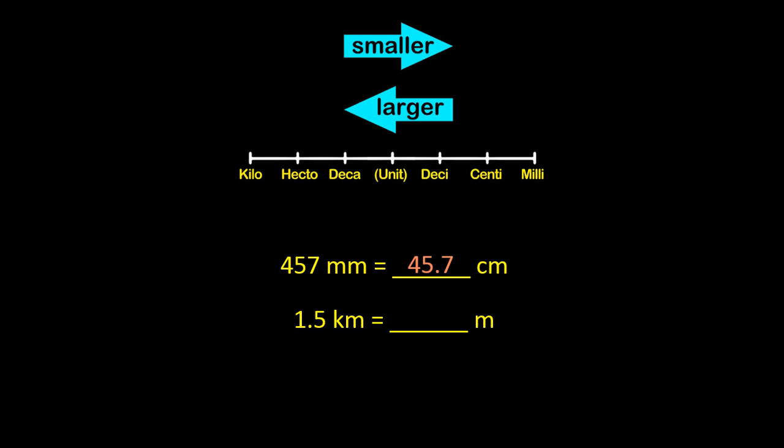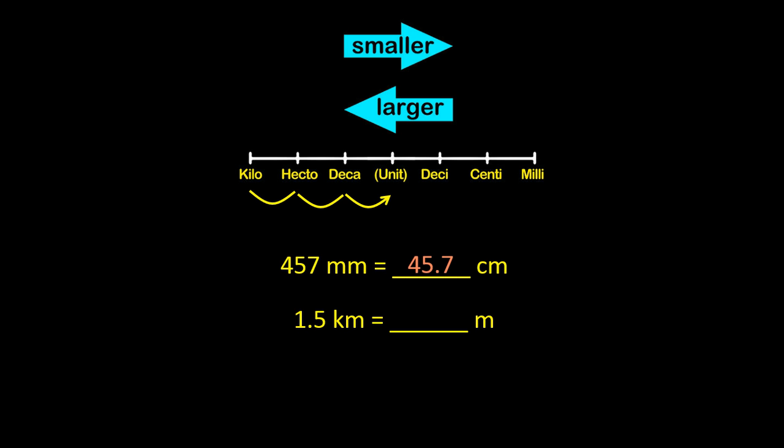How about if we have 1.5 kilometers and we want to know how many meters that is? Well, a kilometer is a larger unit of measurement than a meter. In fact, it is 1,000 times larger because it's 3 places to the left of our unit measurement, which is the meter. So a kilometer is larger, a meter is smaller.